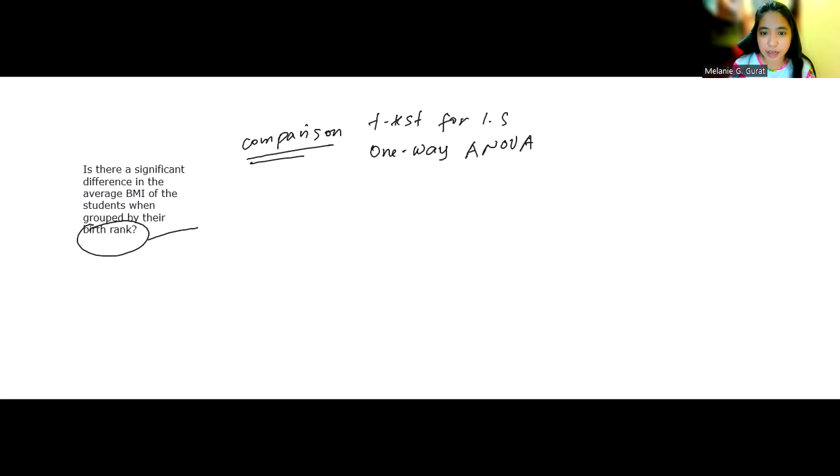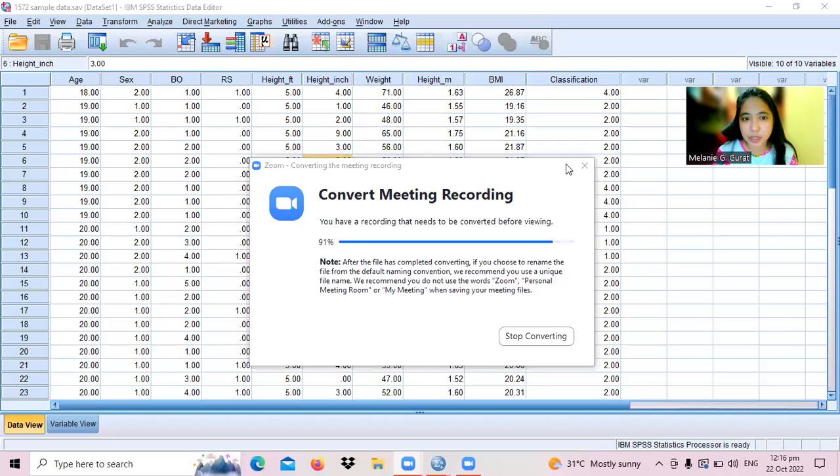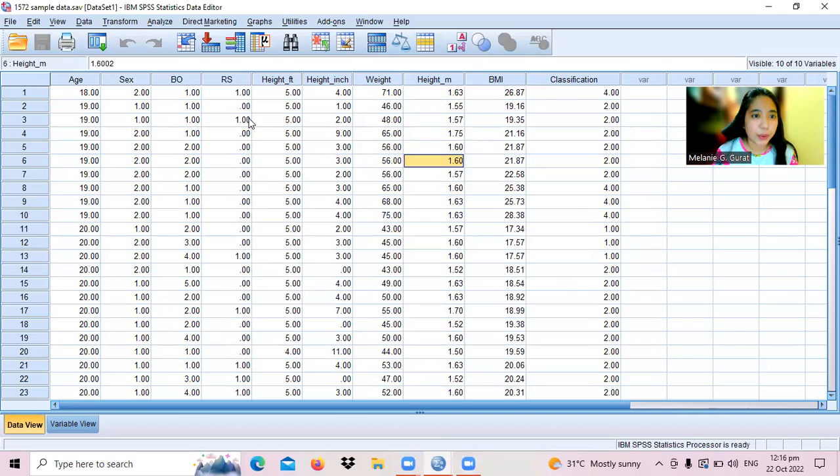So let us see the nature of our data. So this is our data. Looking at our data, RS is relationship status, BO is birth order. So let us check if we have some classifications here.